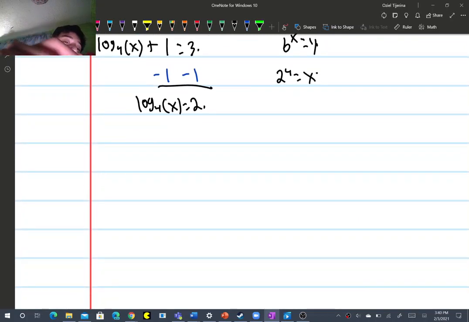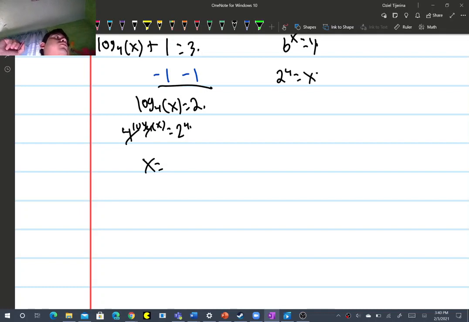Or you could also do it this way, where you say 4 to the log base 4 of x equals 4 squared, and that will give you the same exact answer. x is 4 squared, which is 32, I think. Or is it? No, it's 16.